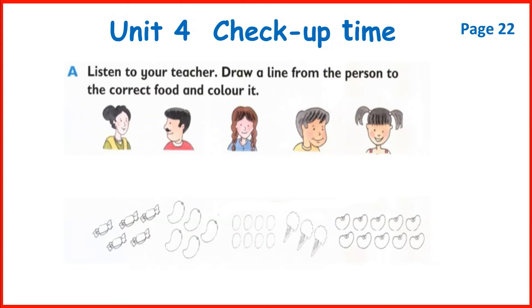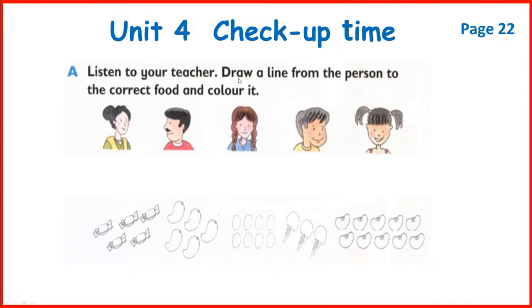Now we will start Unit 4, Checkup Time. This unit has been mentioned at page 22. Yes, students, read the question. Listen to your teacher, draw a line from the person to the correct food and color it. Again read.